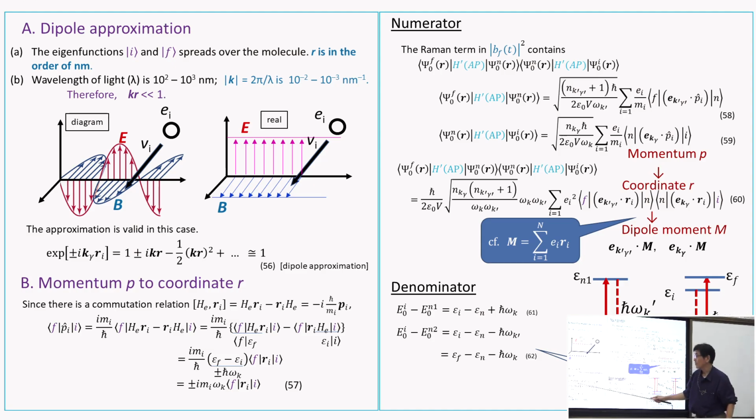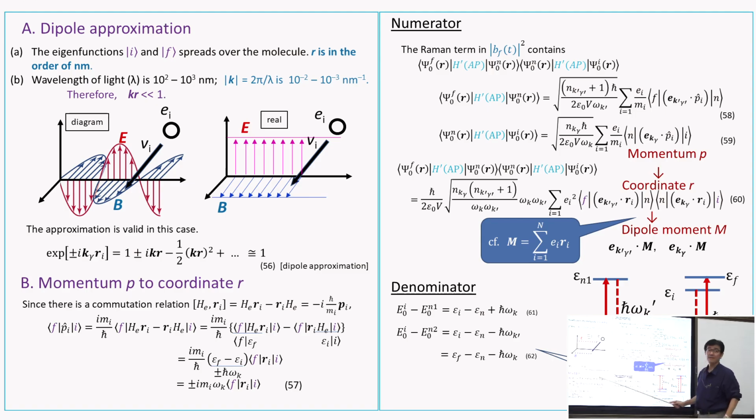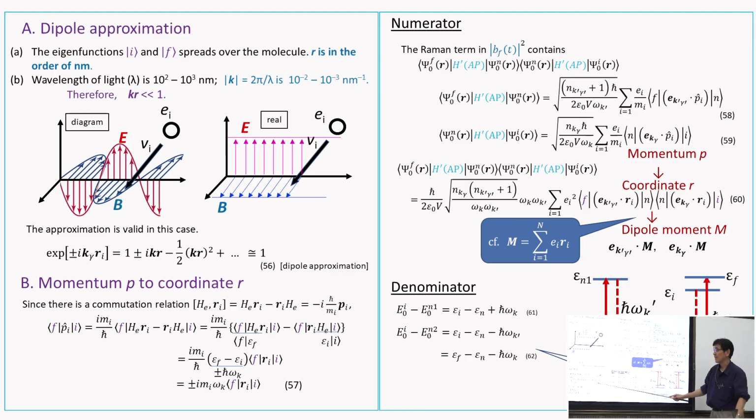And we know that f and i are the eigenfunctions of the Hamiltonian of the molecule H e. So H e f is substituted with energy E f times wave function f. H e i is replaced with energy E i times wave function i.